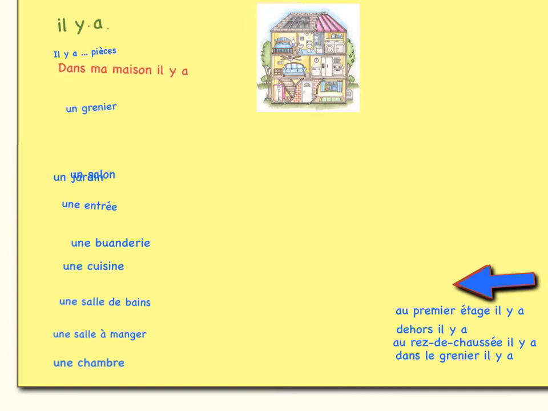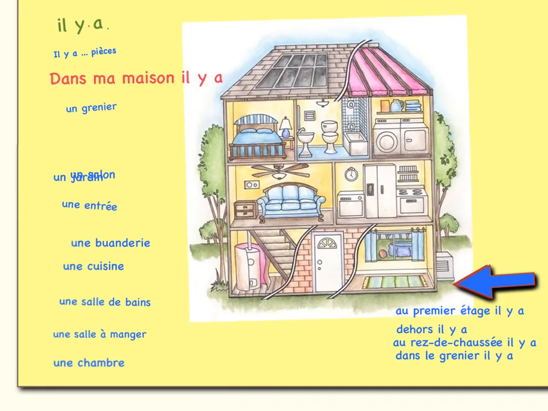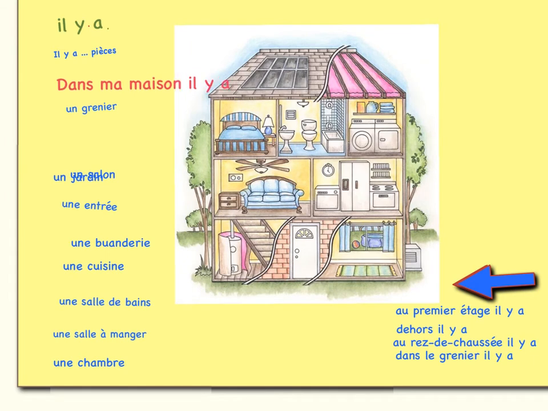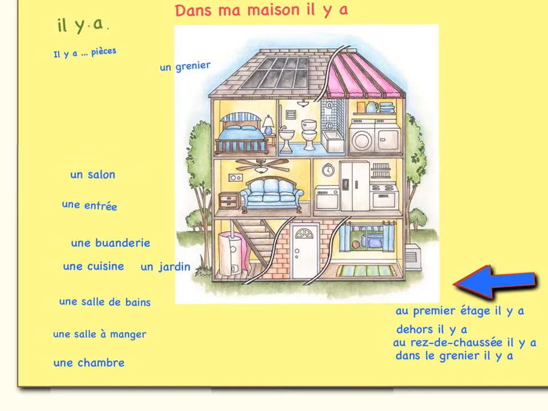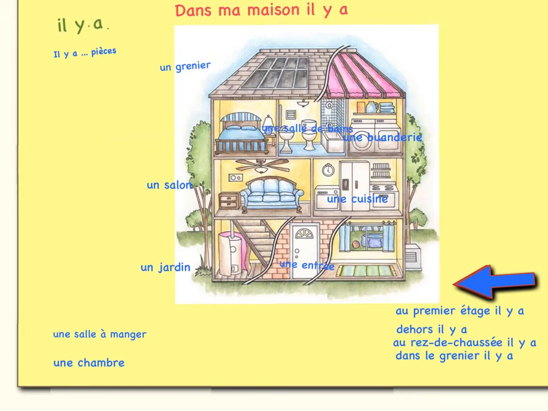And this one here in red is a nice sentence starter for you. Dans ma maison il y a, in my house there is. Right, I found a house. So, dans ma maison il y a, in my house there is, un grenier, an attic, un jardin, a garden, un salon, a living room, une entrée, an entrance hall, une buanderie, a laundry, une cuisine, a kitchen, une salle de bain, a bathroom, une salle à manger.